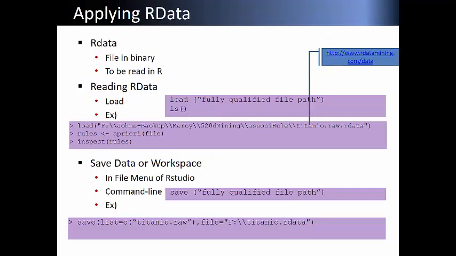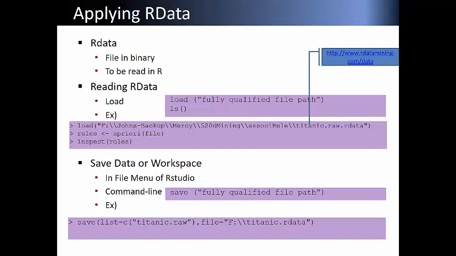If it is R data, then R data is nothing but a binary file. R data is the outcome from an R script, a file saved by an R script. So Titanic.row.Rdata, once you download it and load it on your R console, then you can play with it very smoothly because it is already saved by R script.